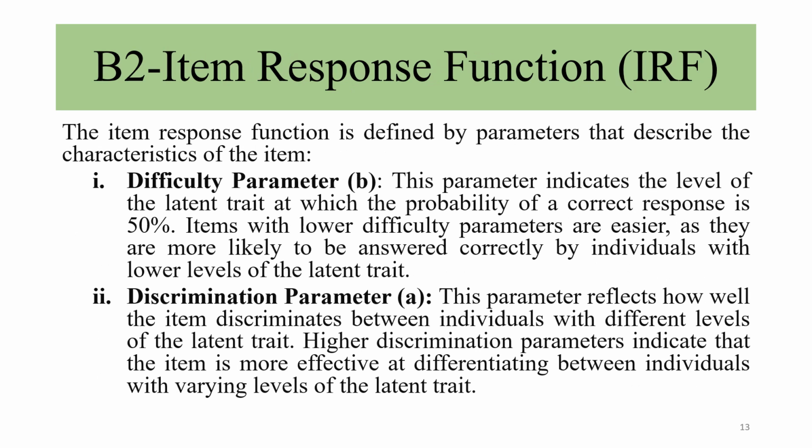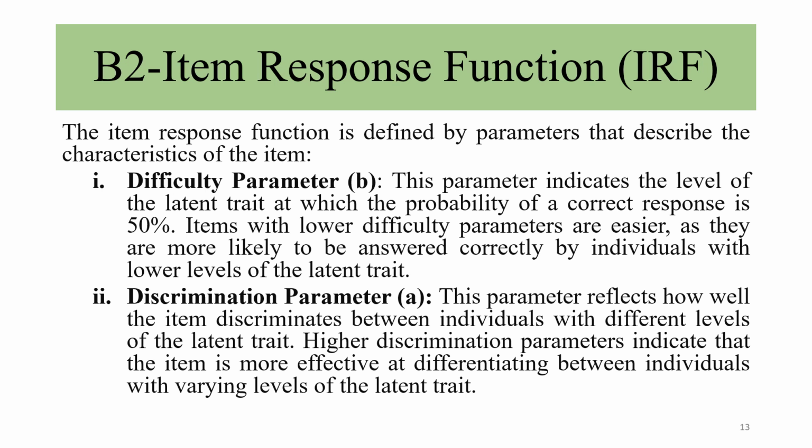Now we come to B2, that is the 13th slide. Item response function, as we talked about in the previous slide, is defined by parameters that describe the characteristics of the item. These are, first, the difficulty parameter.